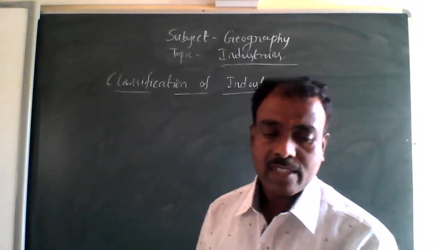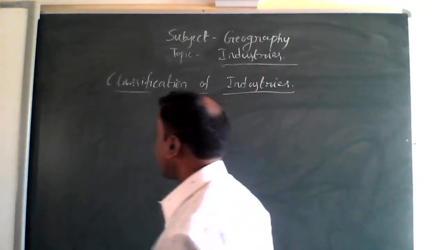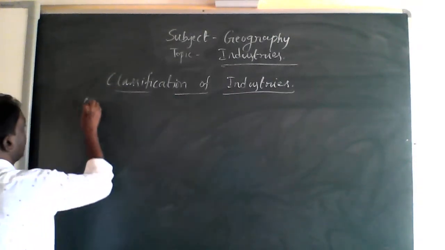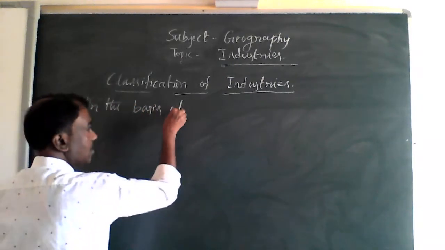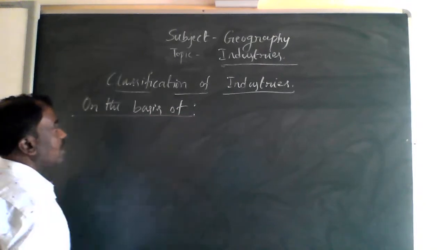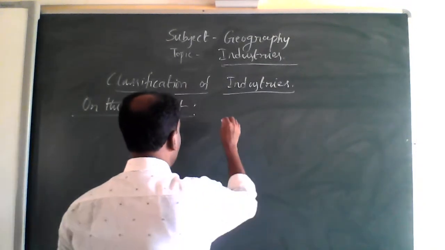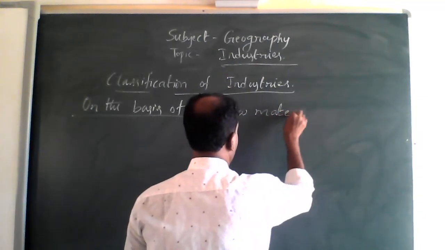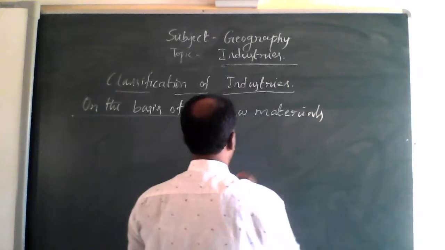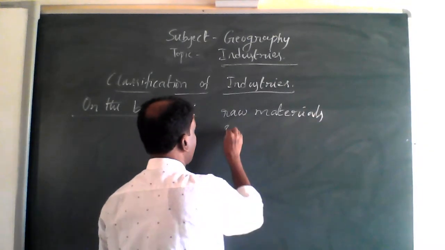Got it, dear students? So industries can be classified on the basis of what they are using, the raw materials, and also the production size.